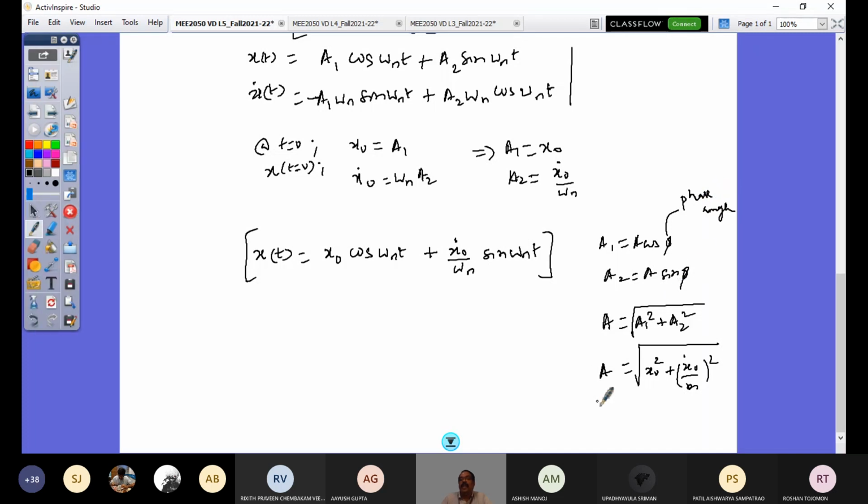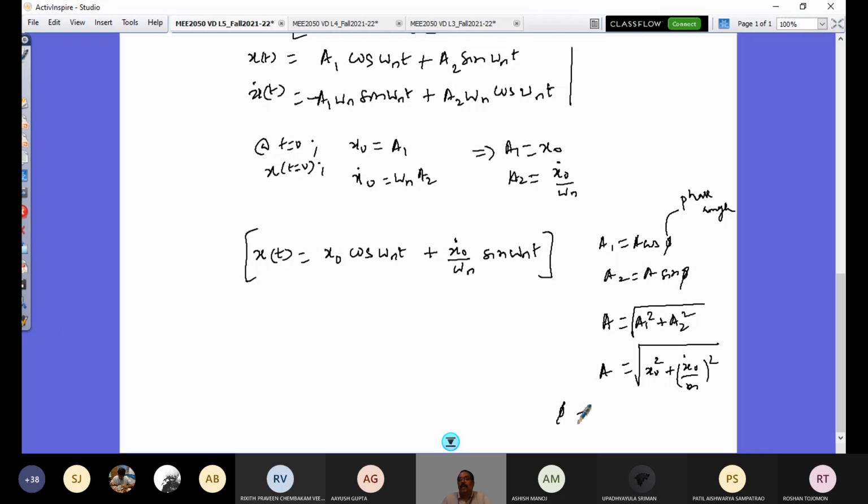So I can get this phase angle phi as tan inverse of A2 by A1. So that's going to be x naught dot by x naught omega n.